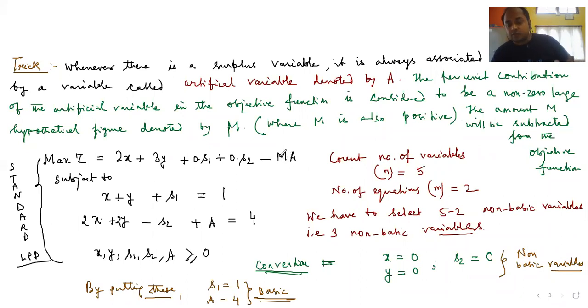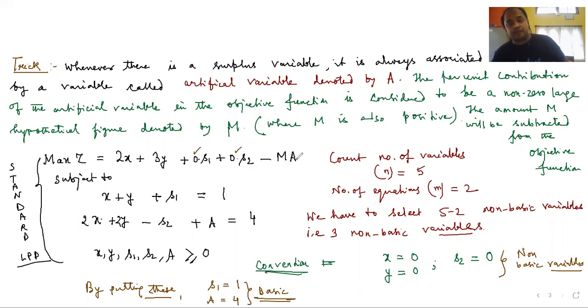Now you may ask me this question: during the process, if you get the value of the artificial variable, and if I substitute that value in the objective function, then the objective function changes. But earlier you said that zeros were put so that if I get some value for S1 and S2, then substituting them shouldn't change the objective function.